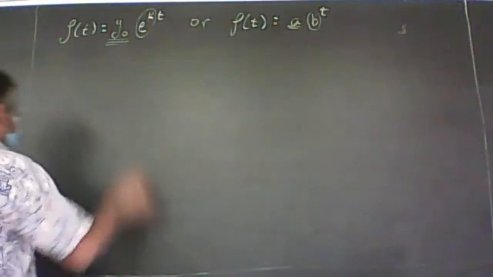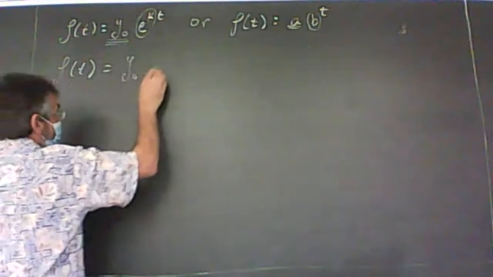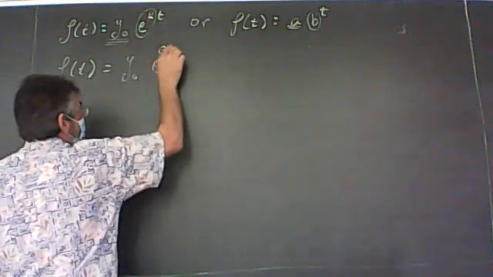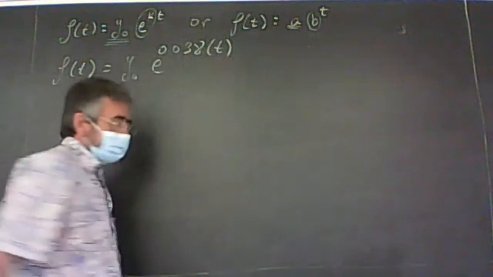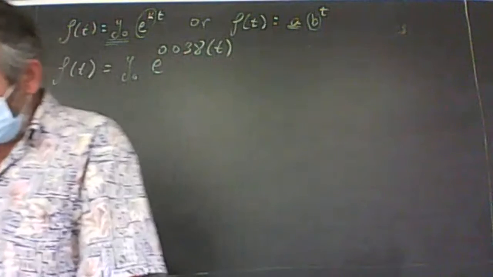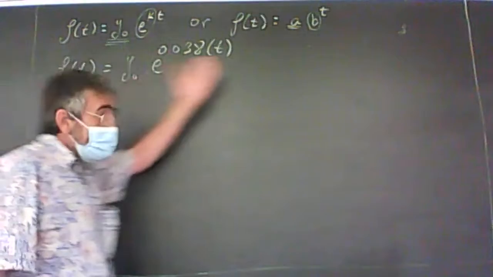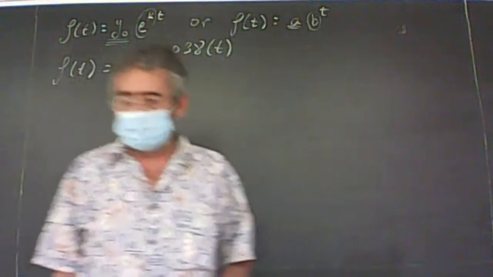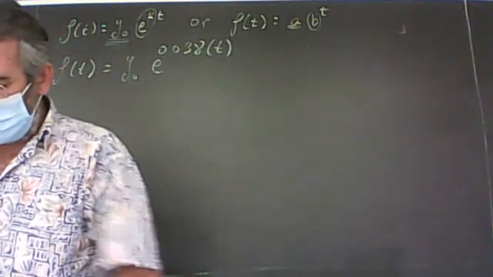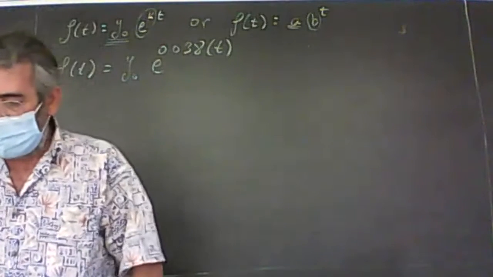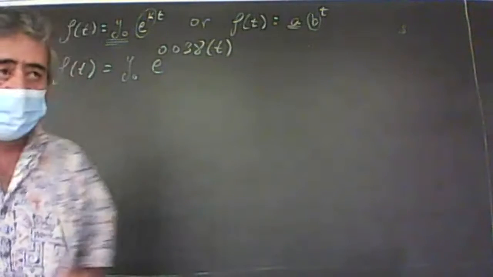And that equation says f of t equals y0 e to the 0.038t. And this function f of t is the debt in billions of dollars. Yes? It says where t is the time in years, and t equals 0 corresponds to the year 1970.